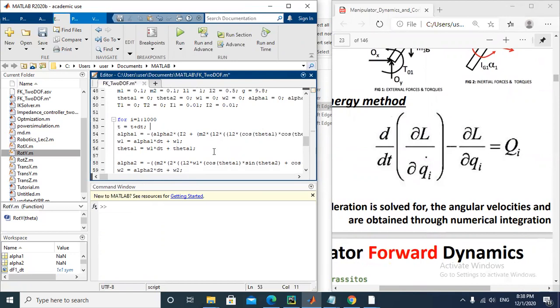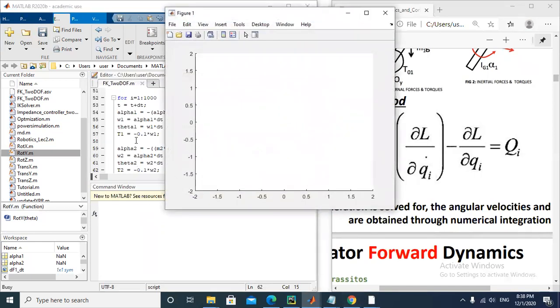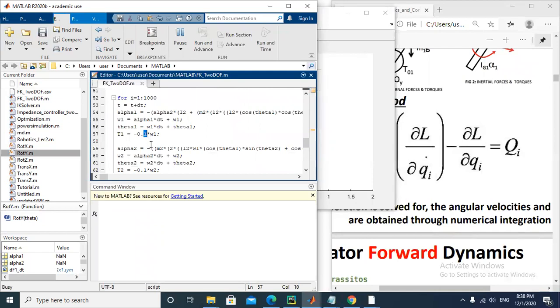What I will do is I will simply put my torque, right? Do you want to actually oppose the velocity? So I'll simply do that. Okay, and then same thing for the second torque, right? So T2 is equal to minus 0.1 multiplied by omega 2, right? So this is basically like I'm adding basically damping to the system. And maybe add a bit more damping here.